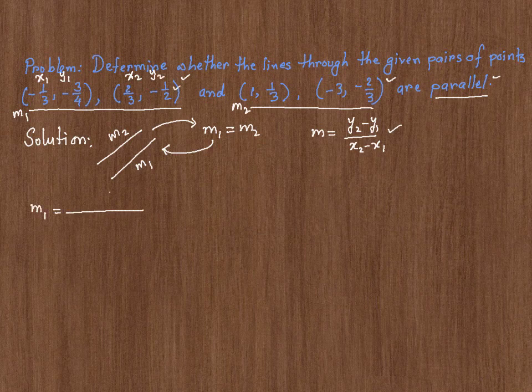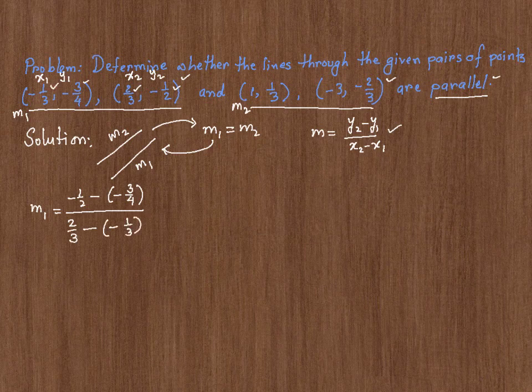Now my first slope m1 is going to be y2 minus y1. y2 is negative 1/2 minus y1, which is negative 3/4. So I'm going to put a parenthesis, negative 3/4, divided by x2, which is 2/3, minus x1, which is negative 1/3. So I'm going to put it inside the parenthesis.